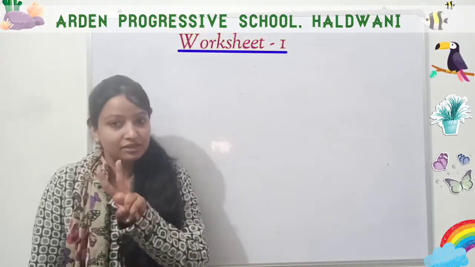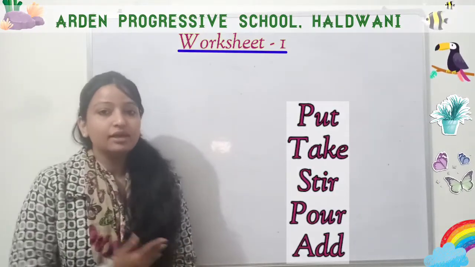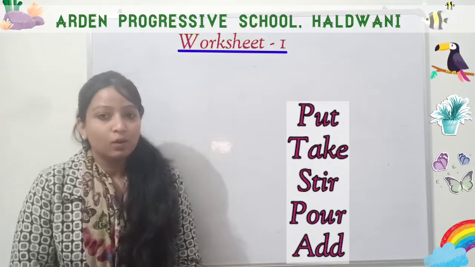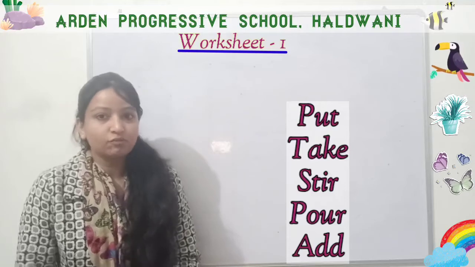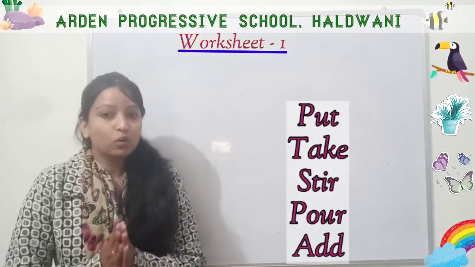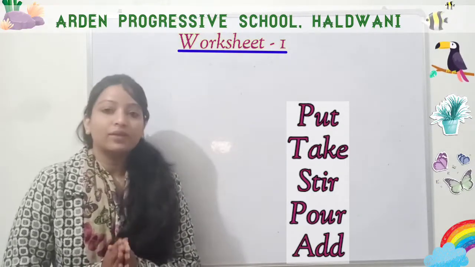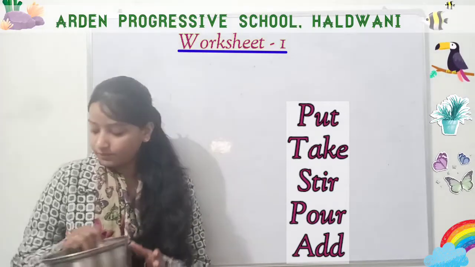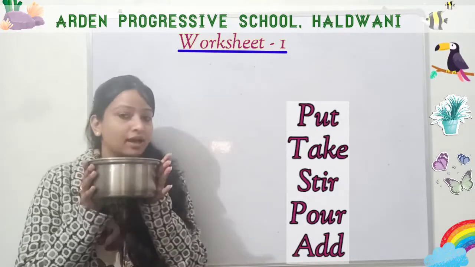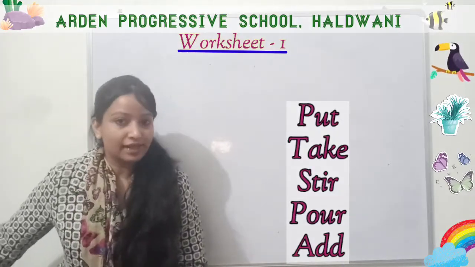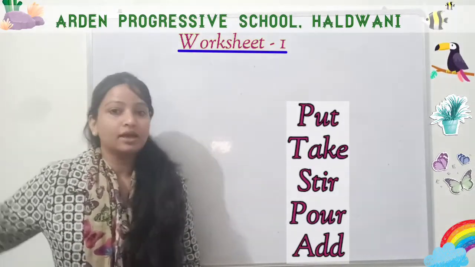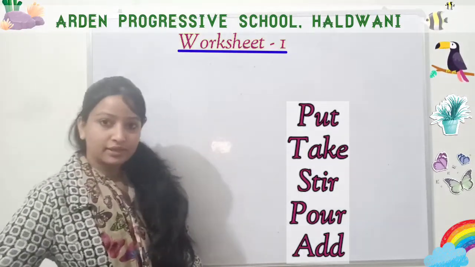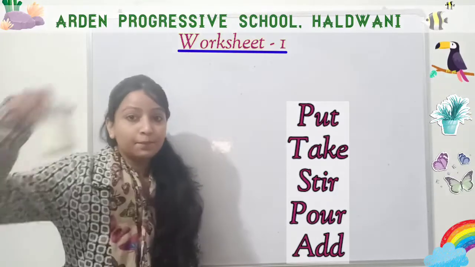The second condition is, here you can see 5 words which you have to use while you describe the process of making tea. So what are the things that we need to make tea? The first and foremost is that we need a pan. What else do we need? We need water. We need milk.